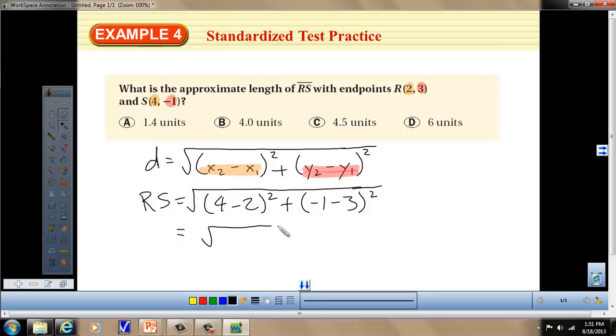So for the first one, we have 2 squared, and the second one, we have a -4 squared. If we do this, we get the square root of 4 plus 16, and that gives me the square root of 20.